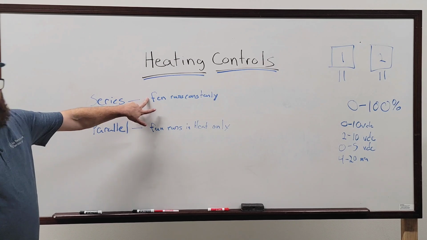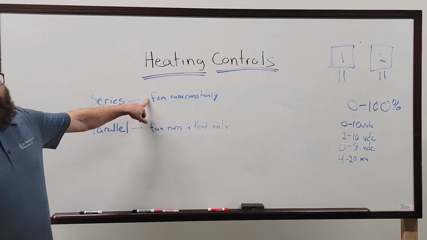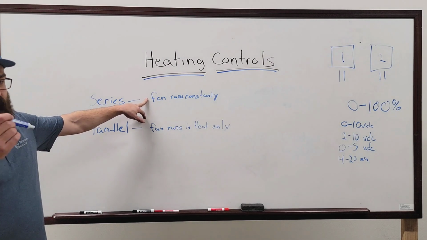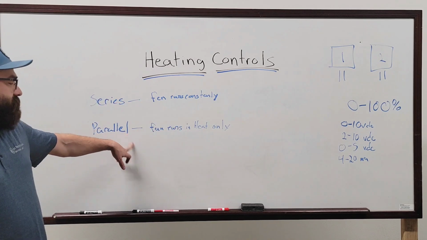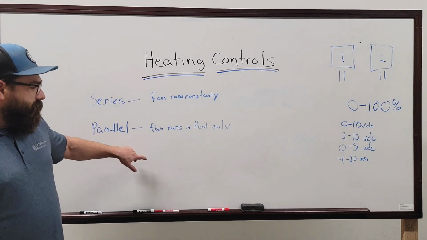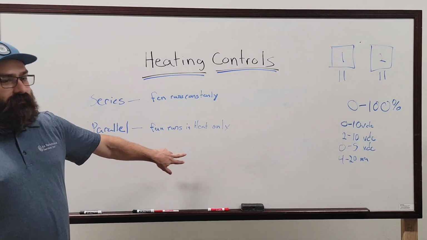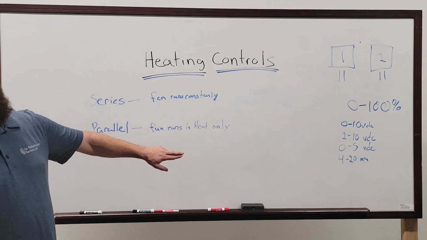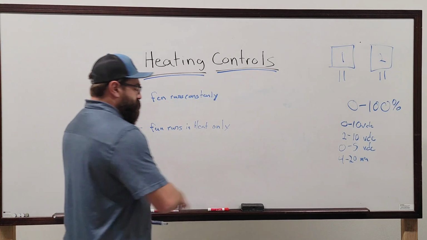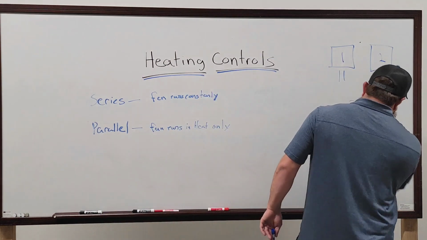A series fan is going to run constantly. The air is in series through the box. It comes in through the inlet, through the fan, out the box. In a parallel box, you have an inlet and a fan that can both supply air to the medium pressure duct. Let me draw out a quick, dirty example.